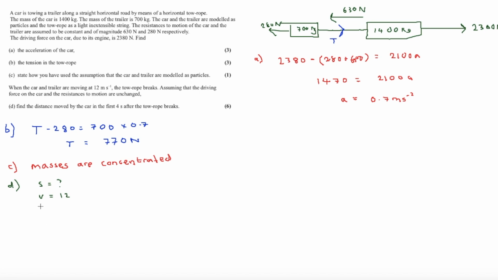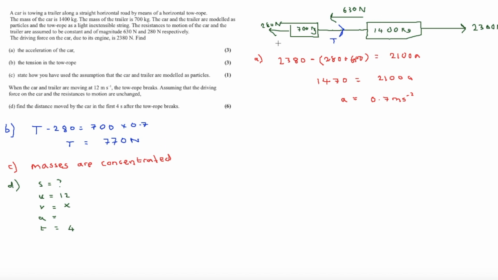Then V, that is going to be, we do not know that, and we're not going to know that. Then A, now A we're going to need to work out, and T is equal to 4. So A will work out using F equals ma. But again, this time we're just modelling the car.